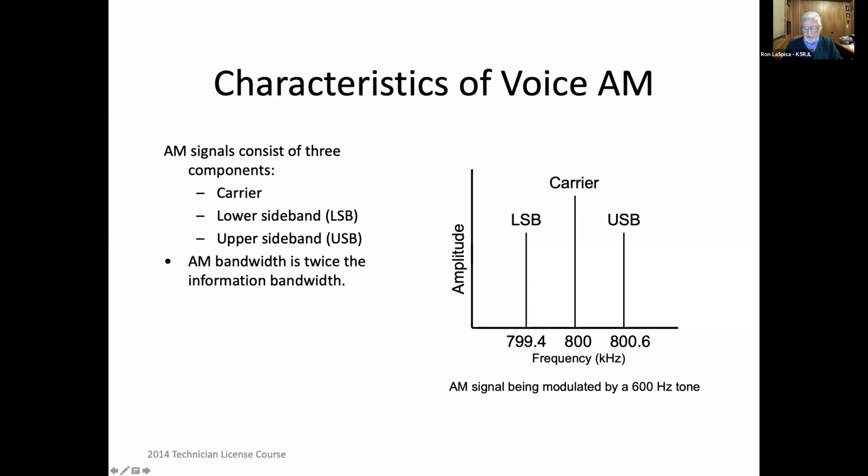And so now relating that new word that we just learned, bandwidth. Bandwidth is the highest frequency minus the lowest frequency. So if we have 800.6 minus 799.4, I think we get 1.2 kilohertz. So that would be the bandwidth of that lady's singing that pure tone.